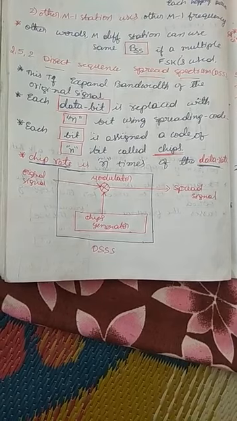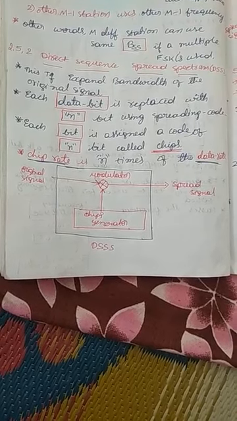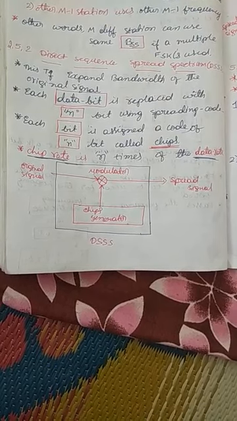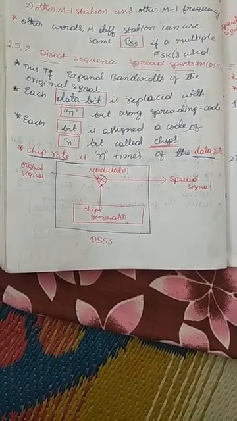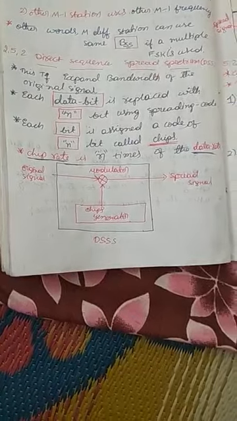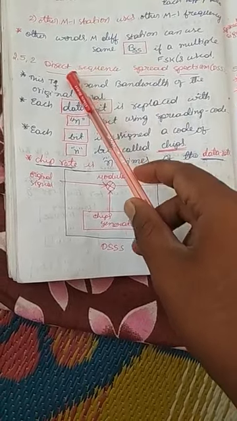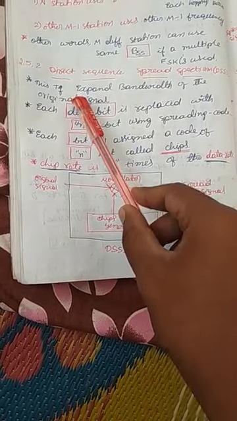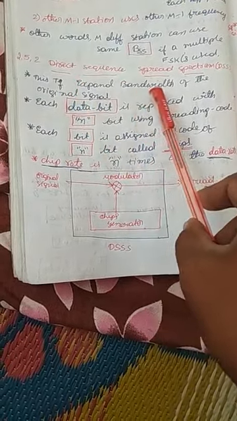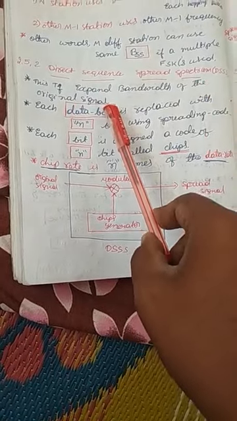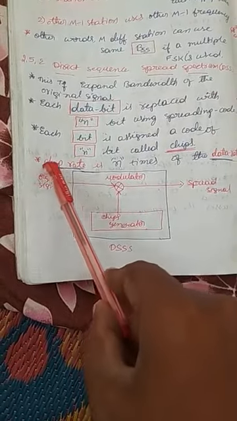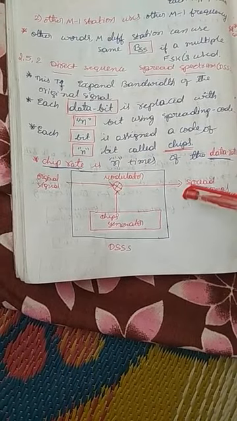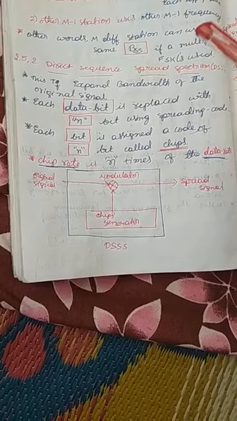Next type of spreading spectrum is direct sequence spread spectrum. This technique expands the bandwidth of the original signal. What is the use of direct sequence spread spectrum? It expands the bandwidth of the original signal, so the original signal bandwidth grows after the modulator, after direct sequence spread spectrum.